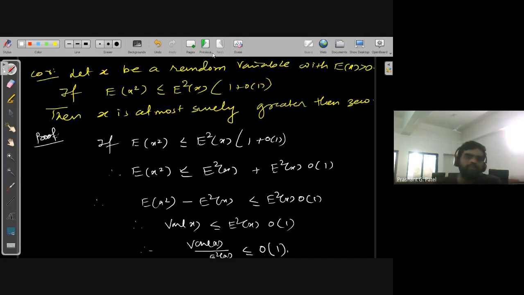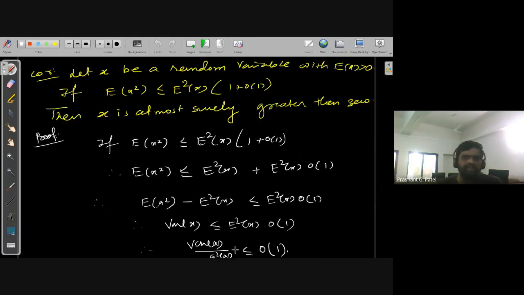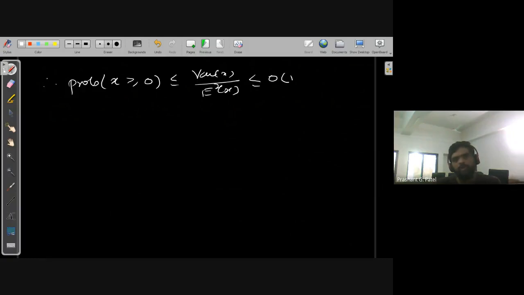And if you use the previous result, the probability of X less than or equal to 0 is less than or equal to variance of X upon E square X, which we already derived by Chebyshev inequality. So it says that this is less than or equal to small o of 1.